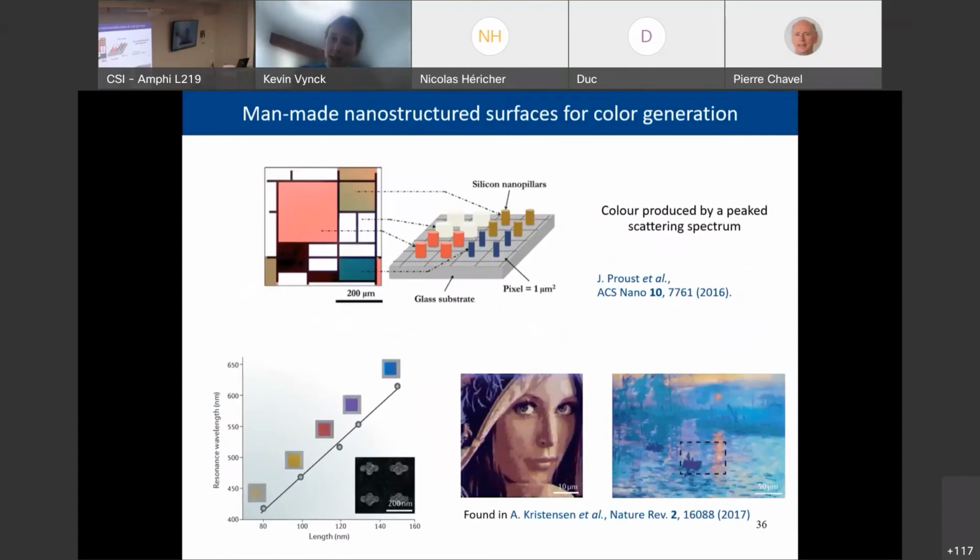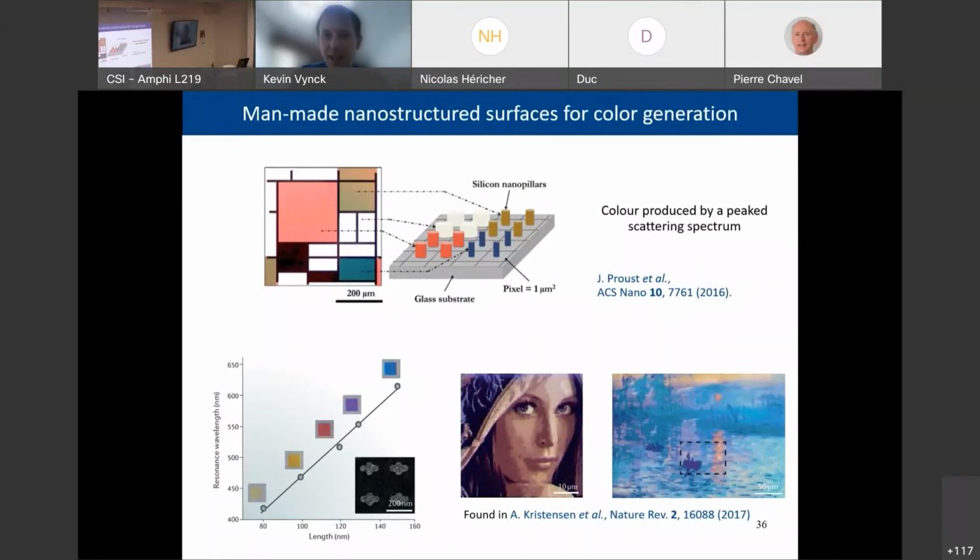To introduce that, I should say that in the past 5 to 10 years, there has been a lot of activity in the photonics, plasmonics community to create surfaces with certain structural colors. In the literature, you can find really hundreds of papers on that.